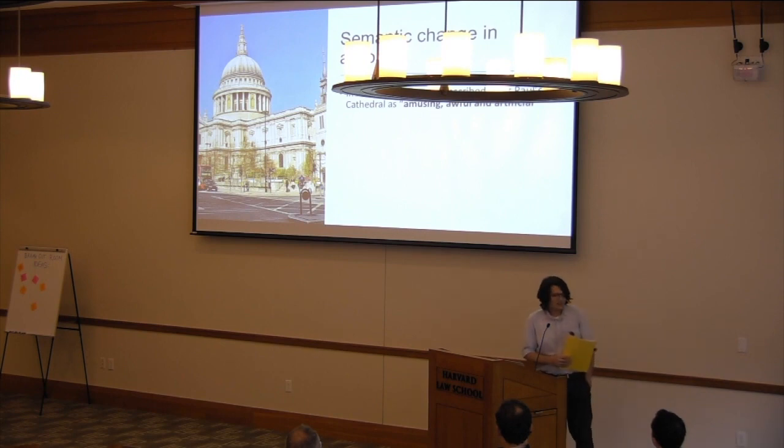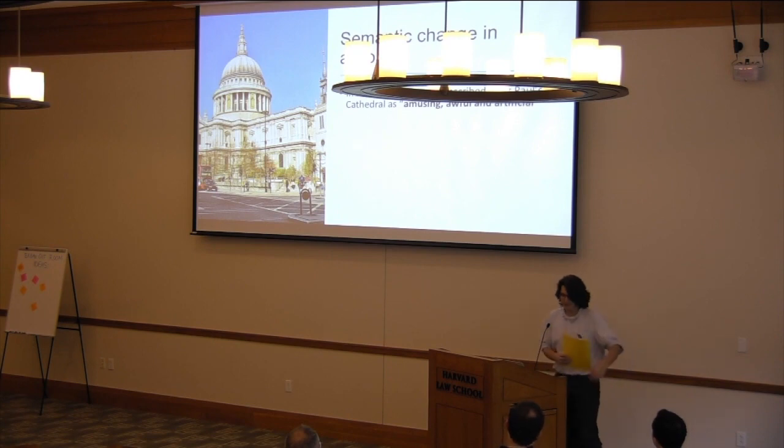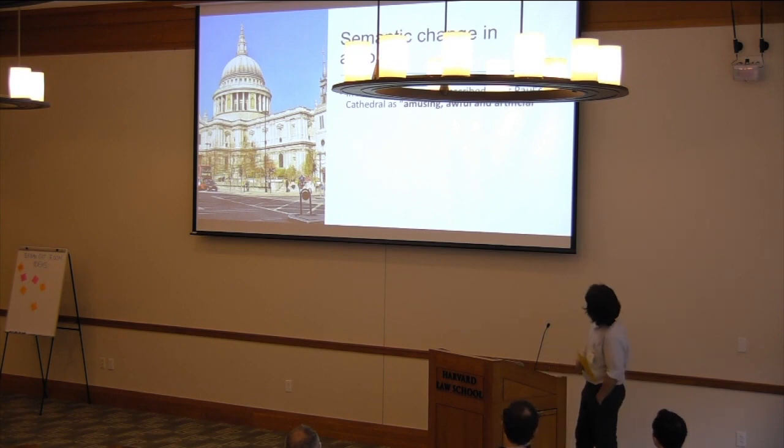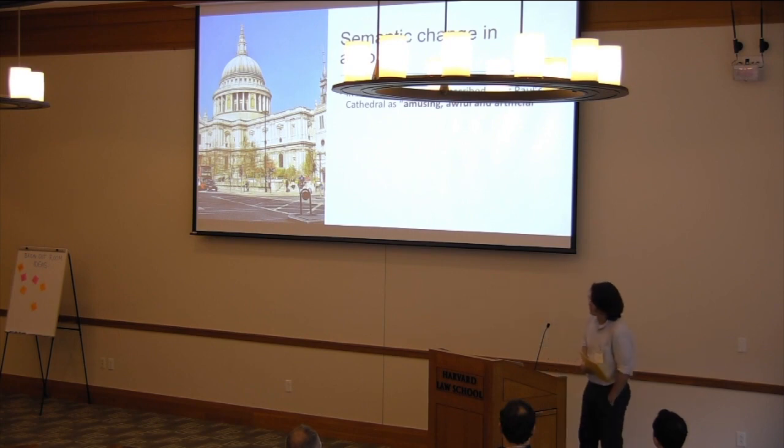Back in the day, these words apparently meant different things, or else he wouldn't have used them for such a beautiful cathedral. We can obviously infer that amusing refers to some muses, and that's what it meant. Awful is awe-inspiring, artificial is artful, right? So if we actually look at this without any information from today's meaning of these words, we would be shocked. How is he such a mean person?